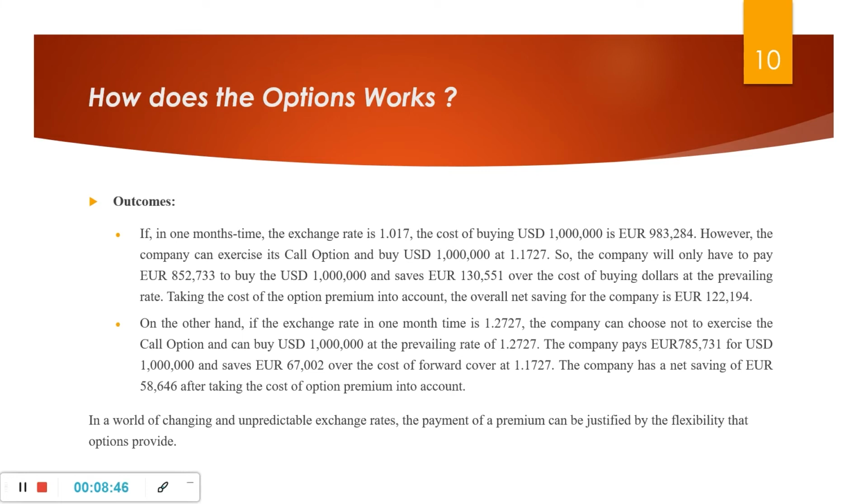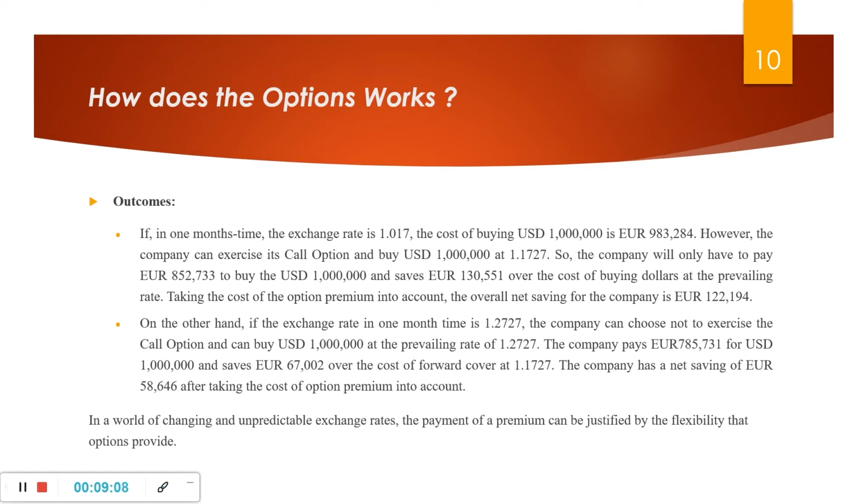The outcome of this is, if in 1 month's time the exchange rate is 1.017, the cost of buying USD 1 million is euro 983,284. However, the company can exercise its call option and buy USD 1 million at 1.1727.